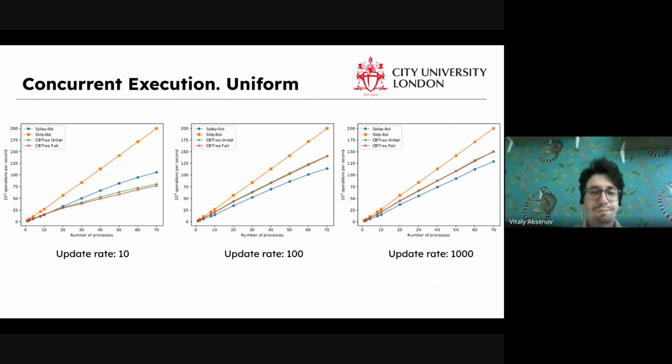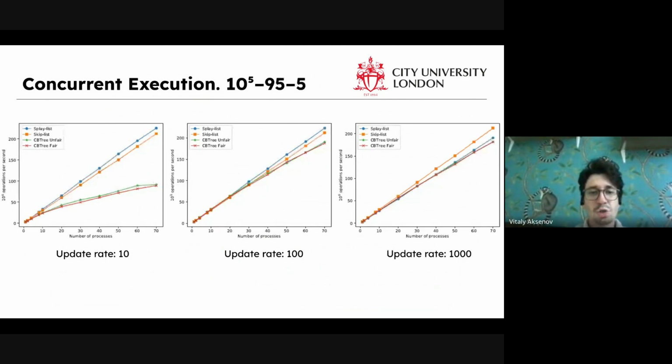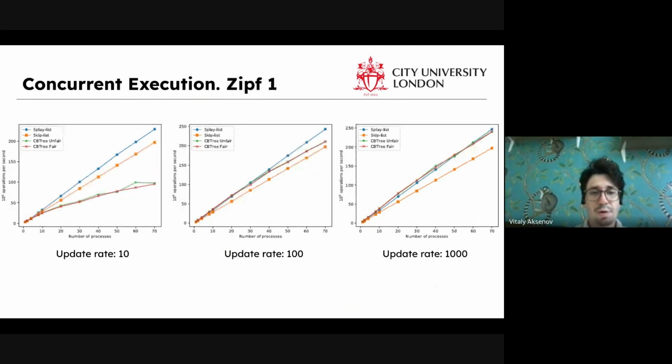If we go further with more skewed workloads, as you can see, our data structure gets closer and closer, and on 95.5 it outperforms SkipList. On the most skewed, it outperforms by approximately 1.5. For Zipfian, it outperforms, but not that much, somewhere around 20%.